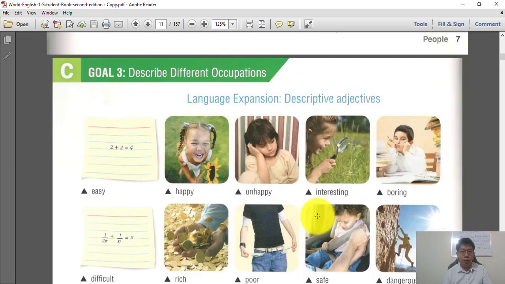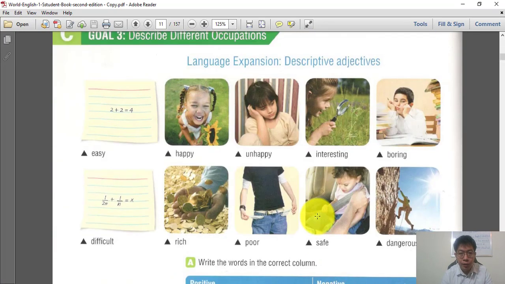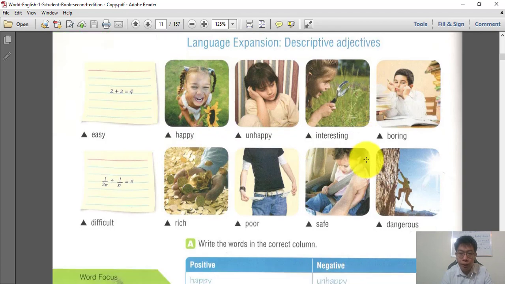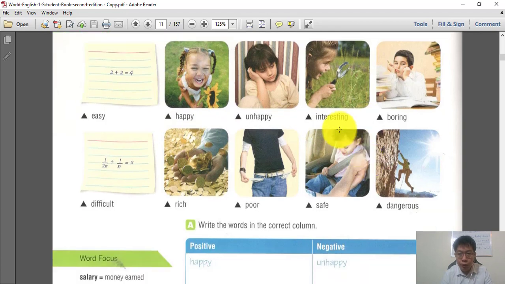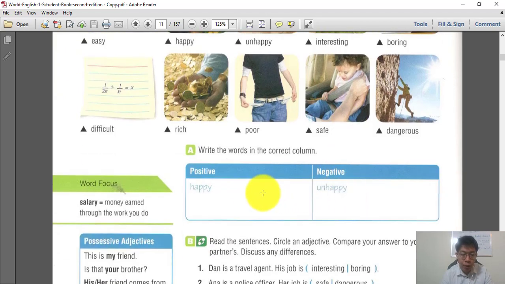Our book, on page 8, you are supposed to look at the adjectives again, and these adjectives we already talked about in the previous slides, like happy, interesting, boring, something like that. So what you have to do is put the adjectives that sound positive into one group, and the adjectives with a negative meaning in another group, which are the opposite to each other.